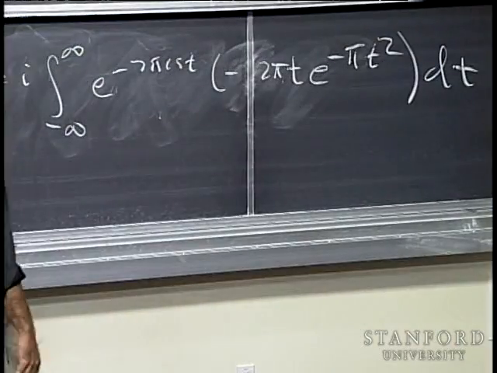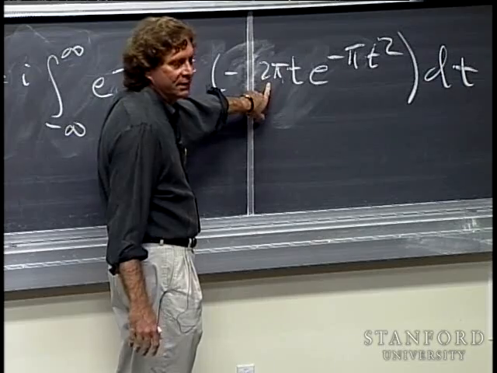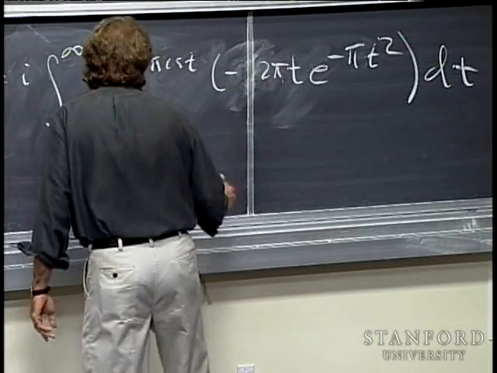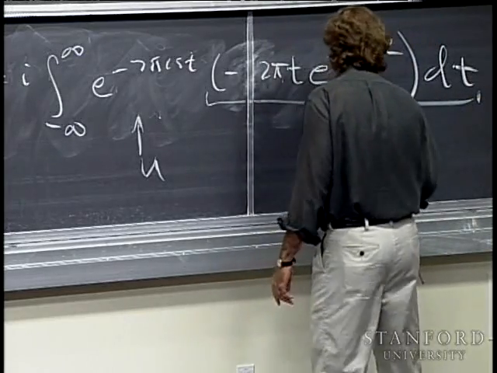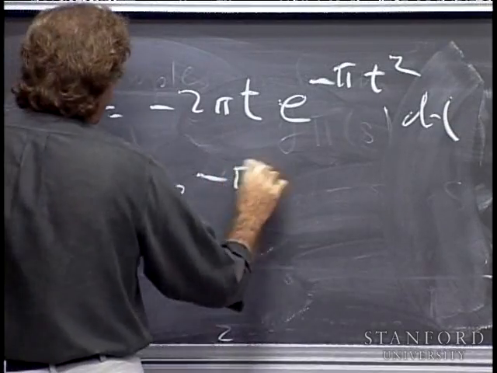Differentiating with respect to s brings down this factor of minus 2 pi t here. This absolutely cries out to be integrated by parts. This is the u. This is the dv. If I do that, what happens? Well, if dv, once again, is minus 2 pi t times e to the minus pi t squared dt, then v is e to the minus pi t squared.